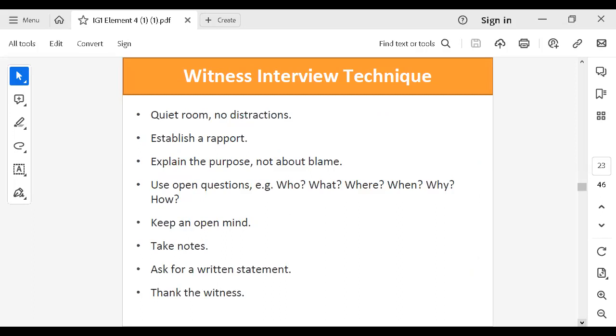Use open questions, for example who, what, where, when, why, and how. We cannot use yes/no, closed-ended questions. Keep an open mind. Take notes of the interview; what he is saying, you need to put on record. Ask for a written statement and thank the witness. So these are the techniques for how to take an interview from a witness.